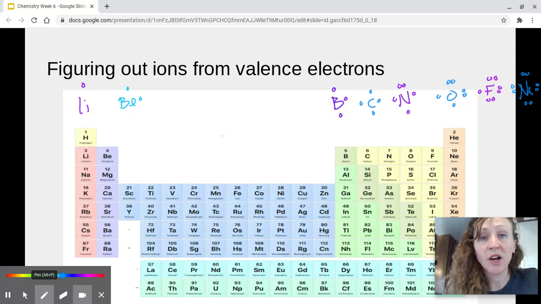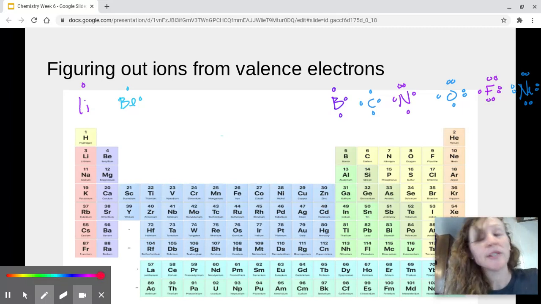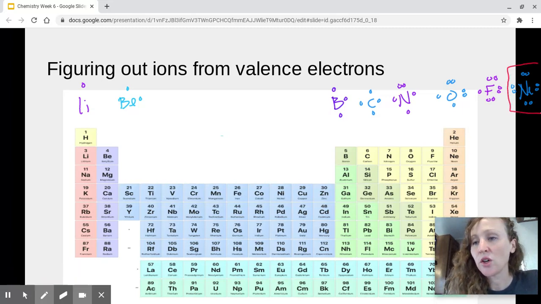Remember, in Lewis dot diagrams, we only write out their valence electrons, which becomes very useful. Okay, so they're all going to either gain electrons until they get 8, just like the noble gas family has 8. We call that an octet.